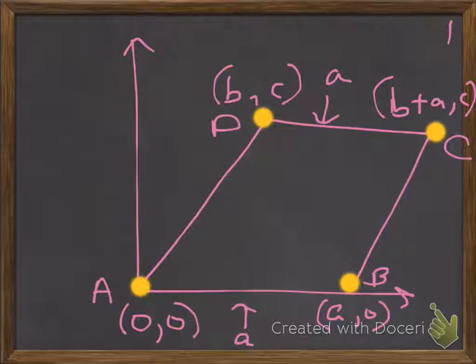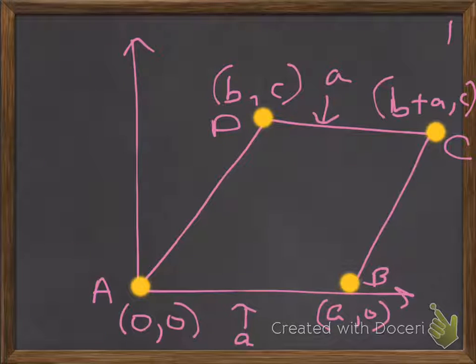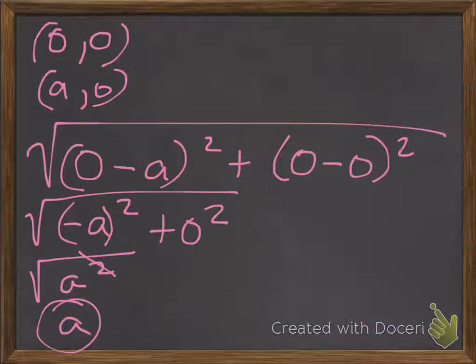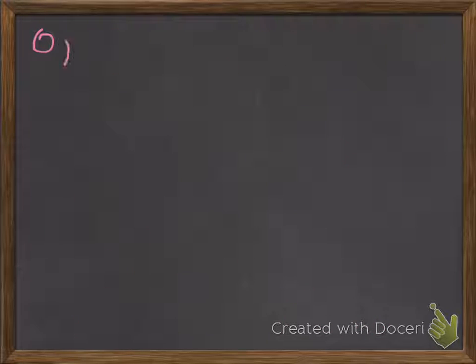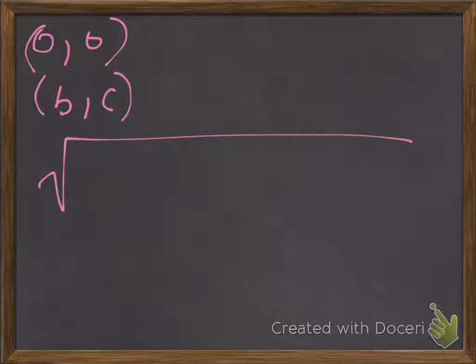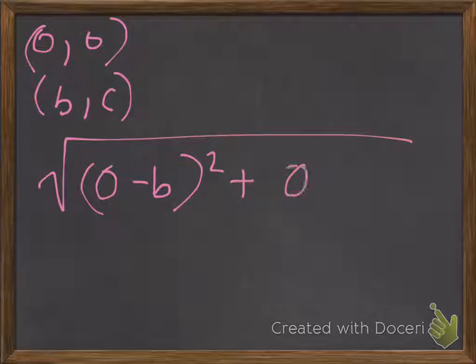Now we're going to do the same thing for AD and CB. So AD, 0, 0, BC are 2 points. Distance formula.